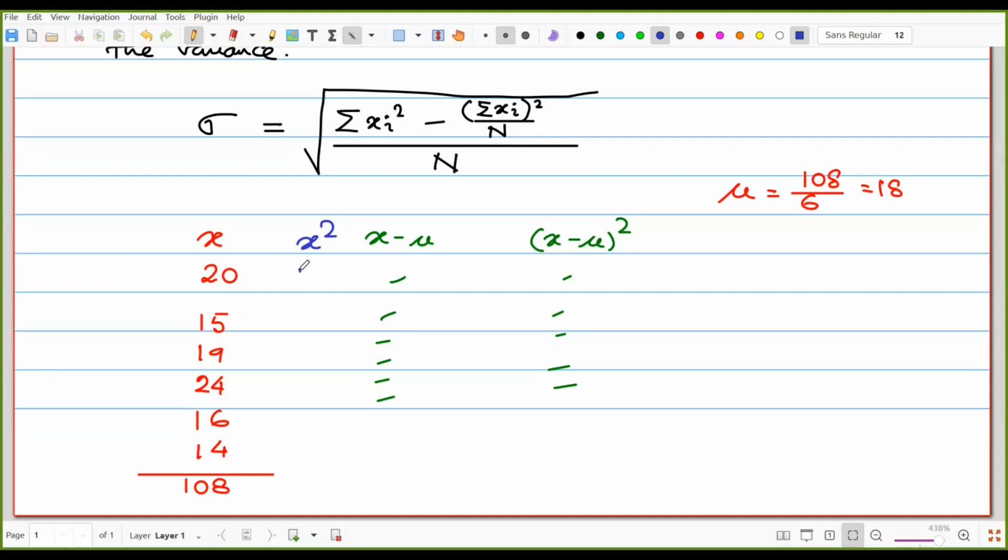So 20 square is 400, 15 square is 225, 19 square is 361, 24 square is 576, 16 square is 256, 14 square is 196. Just find the summation of all the x square. That means summation of xi square is equal to 2014.